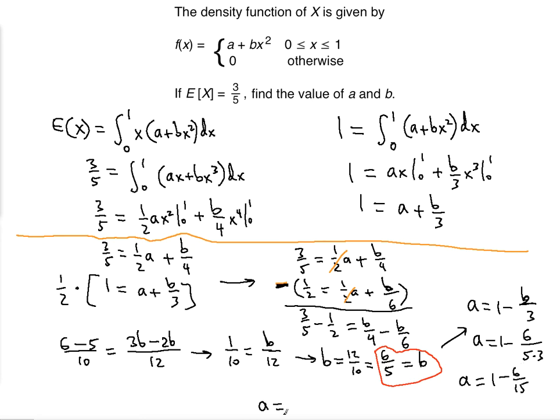So a is equal to 15 over 15 minus 6 over 15, which is 9 over 15, and that simplifies to 3 over 5 if you reduce the fraction. So that's your a and b value: a is equal to 3/5, b is equal to 6/5. Hope you enjoyed this tutorial. Thank you for watching. See you in the next video.